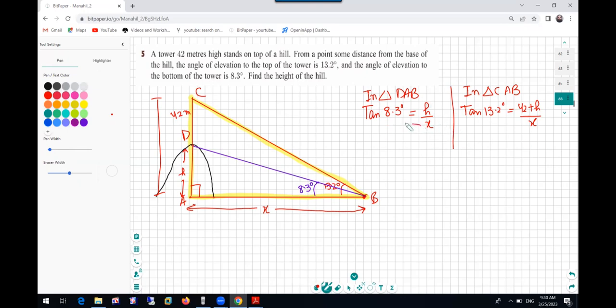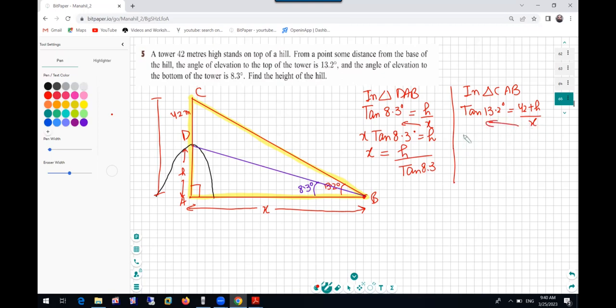So taking this x to the other side will obviously multiply with tan, like this. Now dividing this tan on both sides, we get x equal to h over tan 8.3. So we have made x as a subject. Similarly, we could do the same with the second equation.